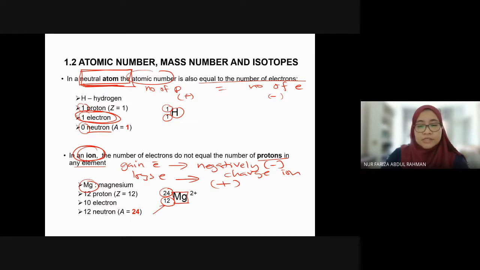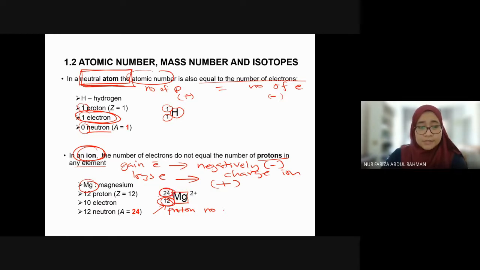The number at the bottom will always be the proton number or atomic number, regardless of the number of electron. The proton will remain constant because we do not donate proton or accept proton into the atom.